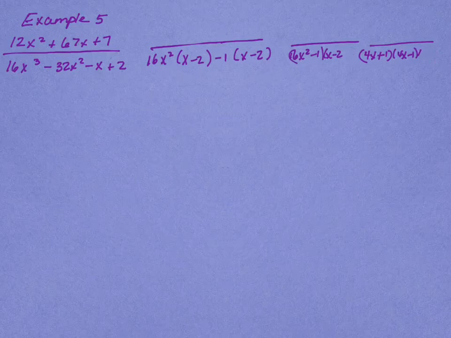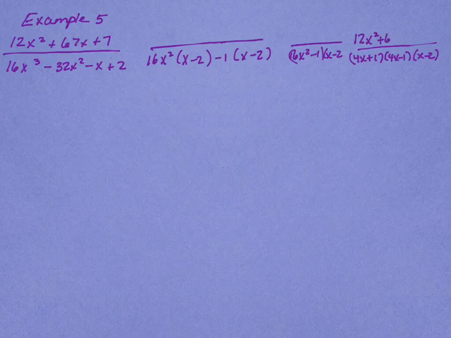You cannot read that, so let's back it up. Let me try to write it neater so you can see it. It would be 4x plus 1, and 4x minus 1, and x minus 2, all over 12x squared plus 67x plus 7.